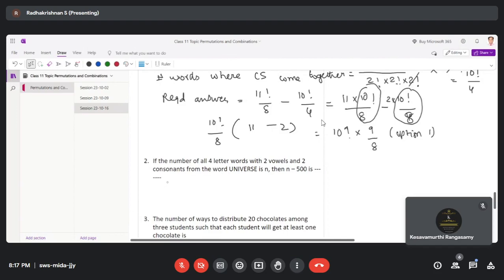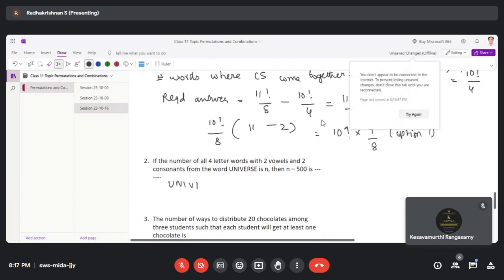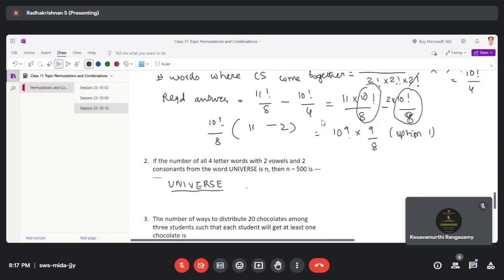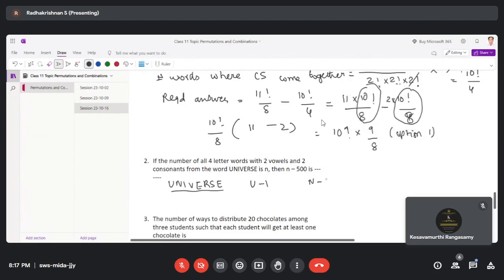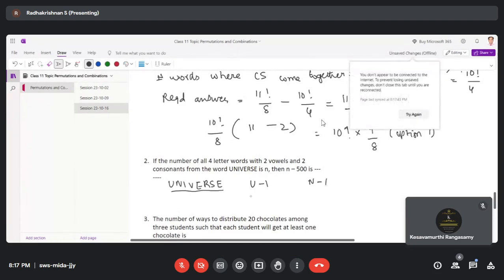So, universe. How many U's are there? 1. N, I am writing on this side, the consonants on this side and the vowels on this side. Okay. I1, V1, E2.